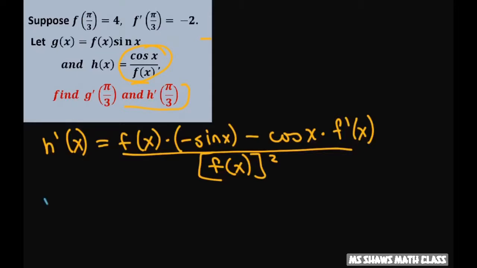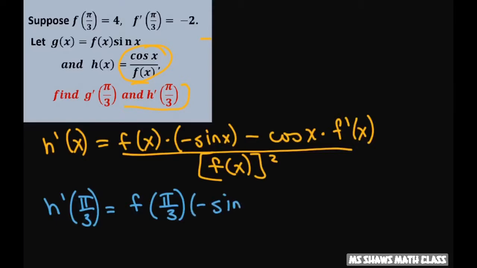All right, once we have that written out, we can just plug everything else in. So we want h prime of pi divided by 3. So this equals f of pi divided by 3. If you want, I'll just leave it negative for now.